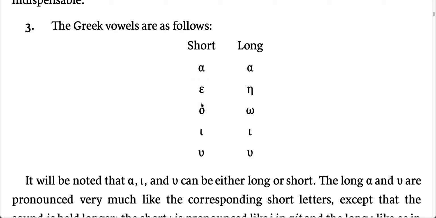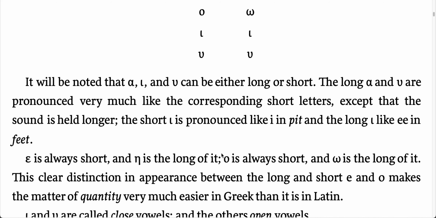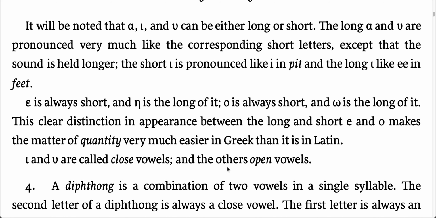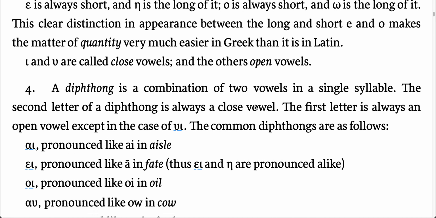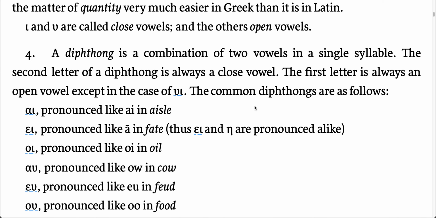So there's your open vowels: omicron, alpha, eta, omega, alpha, epsilon, omicron. And then your iota and your upsilon are these. Remember the long, open and closed? The reason he gave you that is not just for the sake of pronunciation. It's because there's only so many possible combinations of diphthongs. And diphthongs are combinations where two vowels show up in a single syllable.